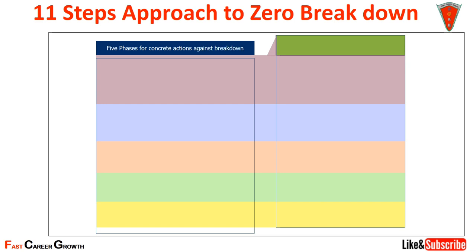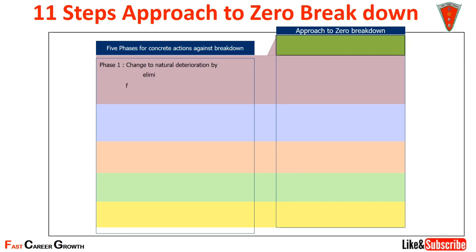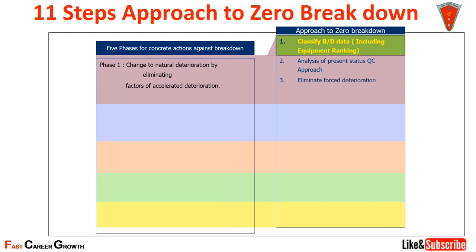Phase 1: change to natural deterioration by eliminating factors of accelerated deterioration. For this phase 1, what are the 4 approaches? Classify breakdown data including equipment ranking. Second is analysis of present status of quality control approach. Eliminate forced deterioration. Find out root cause and implement countermeasures.